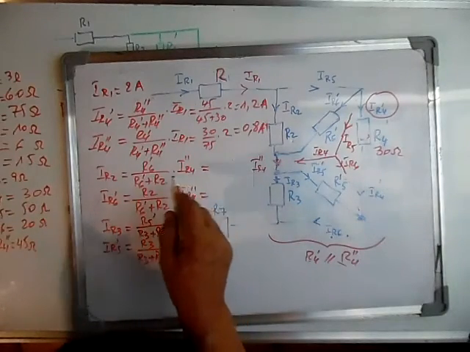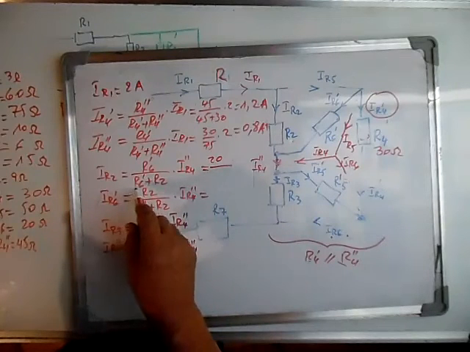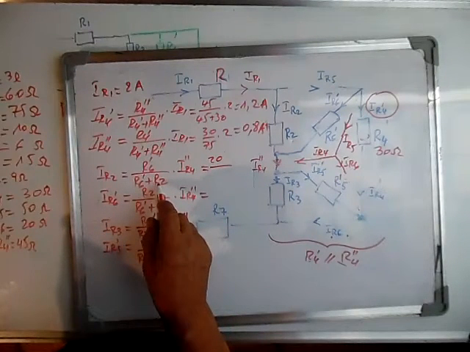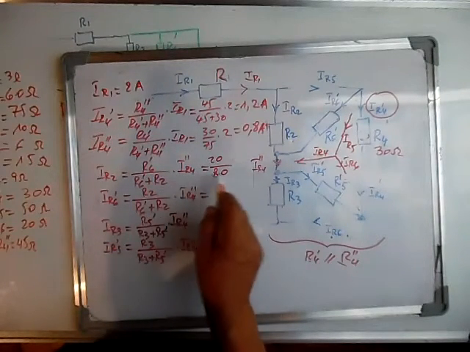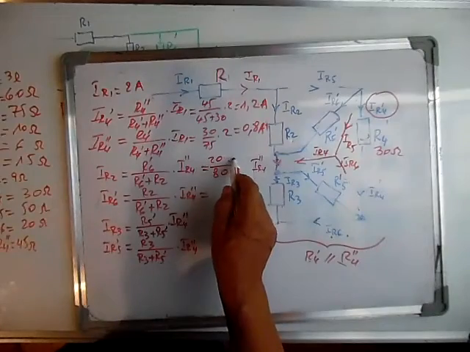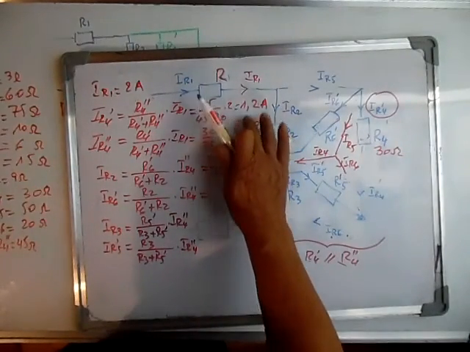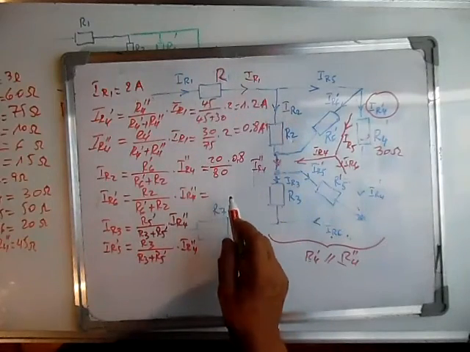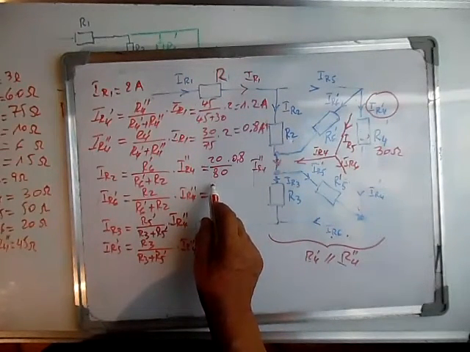So here first, this is 20 over 20 plus 60 times 0.8. So here it's R2.